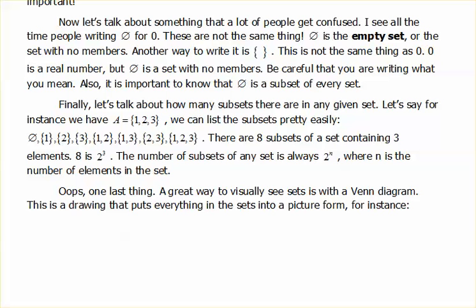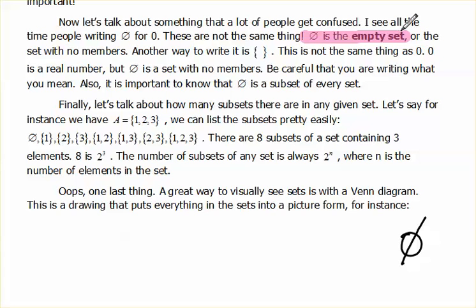Especially whenever you write numbers a lot, like in business and accounting, you tend to want to make sure that people understand that a zero is a zero and not something else. So I see people all the time write the zero with a slash through it. Now that does not mean zero. That means the empty set.